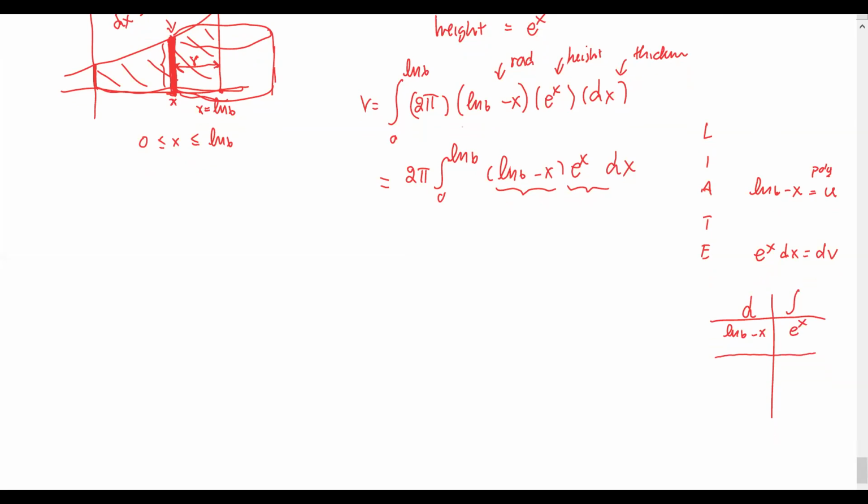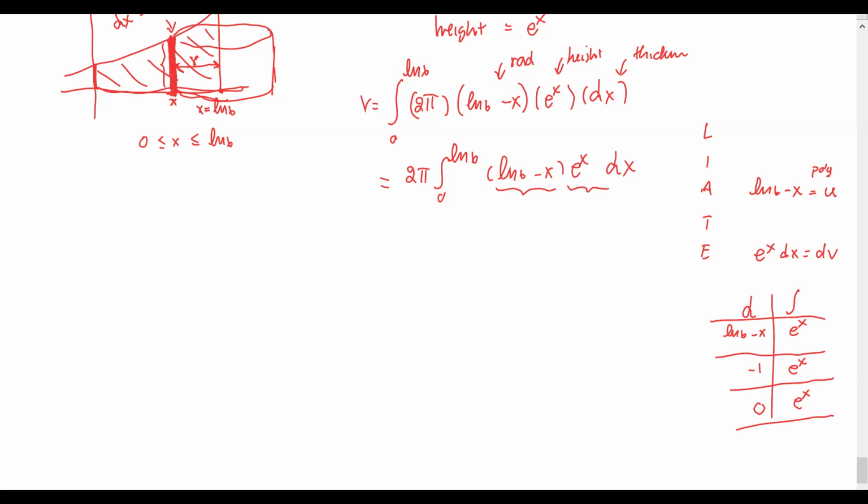Next, find the derivative of natural log 6 minus x. Log 6 is a constant, so the derivative is 0. The derivative of negative x is negative 1. And then another derivative to get 0. In the right column, we find the antiderivative of e to the x to get e to the x, and then another antiderivative to get e to the x.